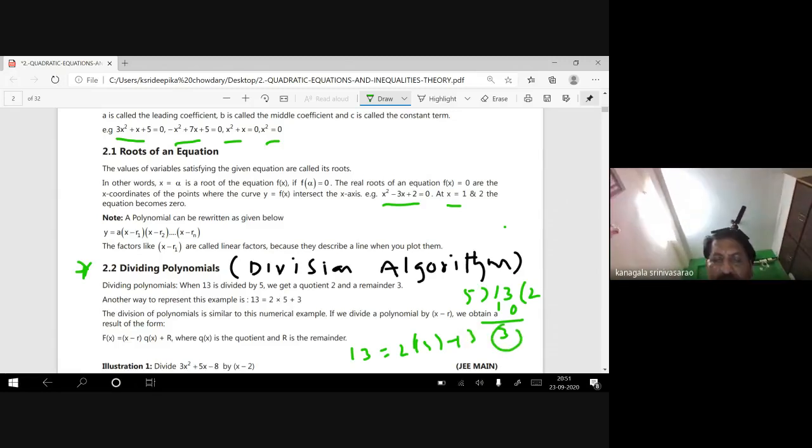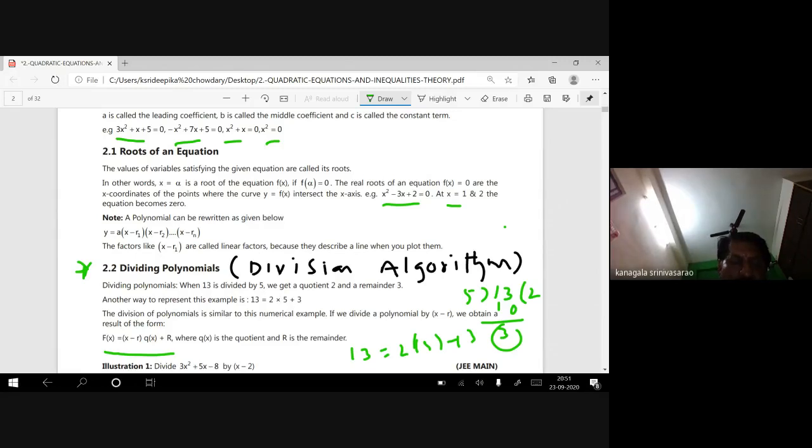In the same way, any polynomial can be divided with another polynomial. It may be exactly divisible or may not be. Exactly divisible means the remainder is 0; not exactly divisible means we get a remainder. That is called the division algorithm. Any polynomial f of x divided by the linear x minus r gives quotient q of x and remainder r.